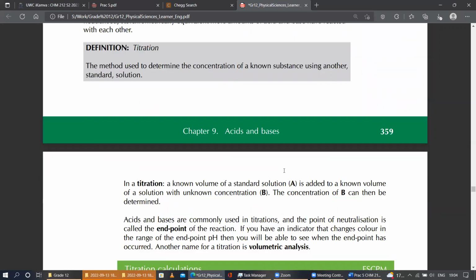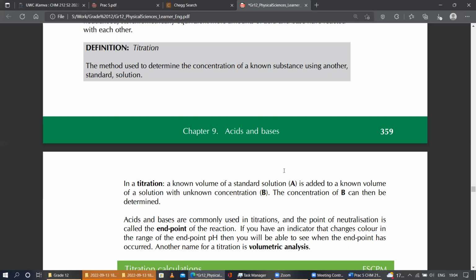So titration is a method that is used to determine the concentration of a substance by using another standard solution. If you remember, a standard solution is a solution in which the concentration of the solute is known.